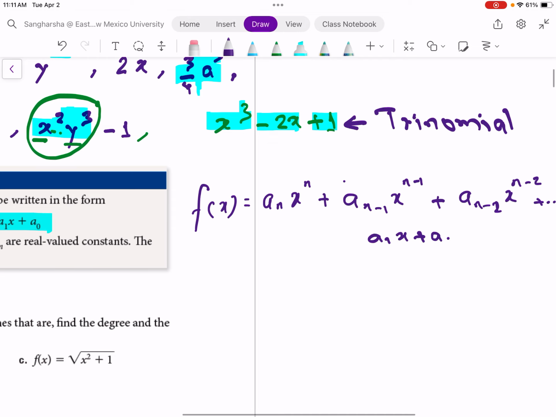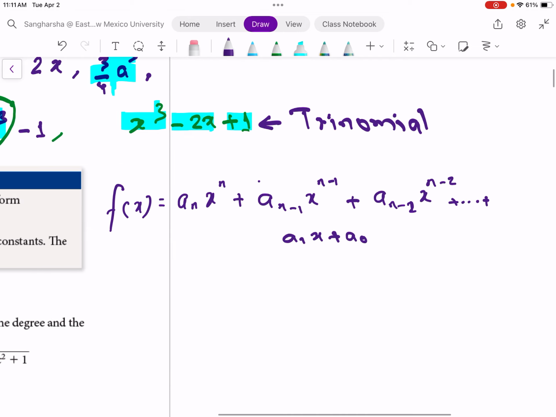So if we have a function of this type, and here a_n, a_(n-1), a_(n-2), a_1, a_0 are any real number. Okay, these are just numbers. We use this notation to represent a number here.